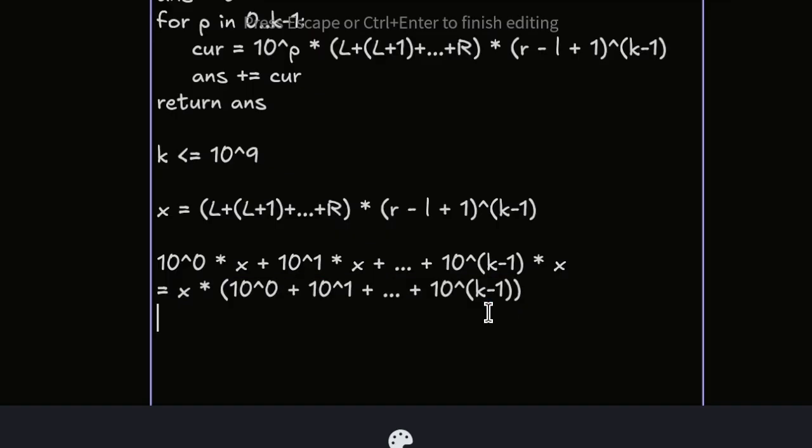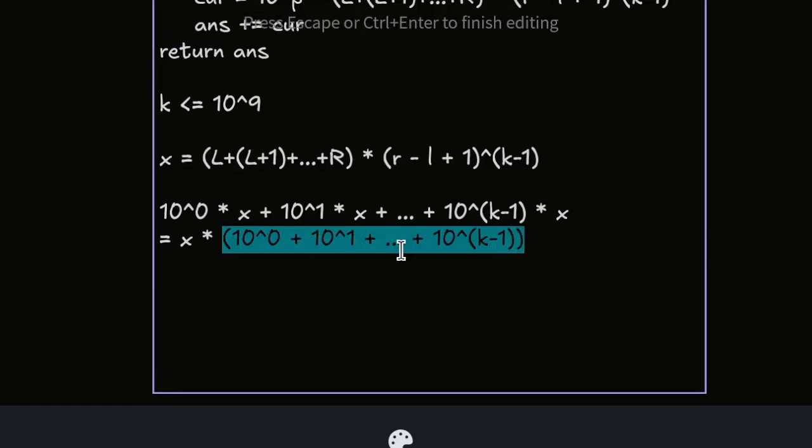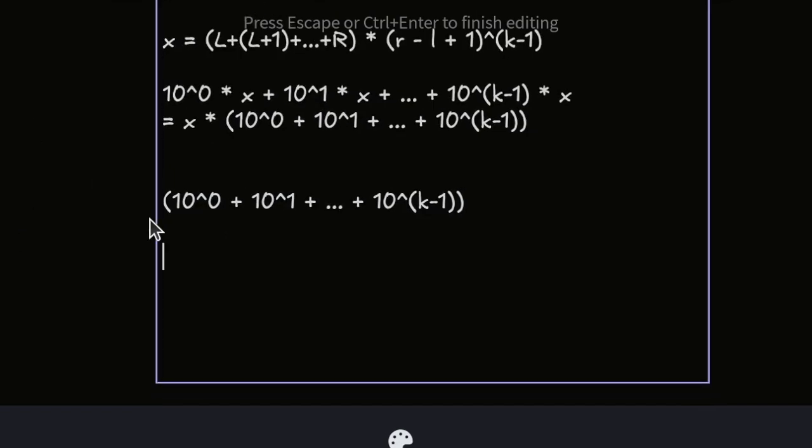So this one, if you look closely, is just 1, 1, 1, 1, 1, right? Also known as 1 repeated k times. So how can we calculate this number?